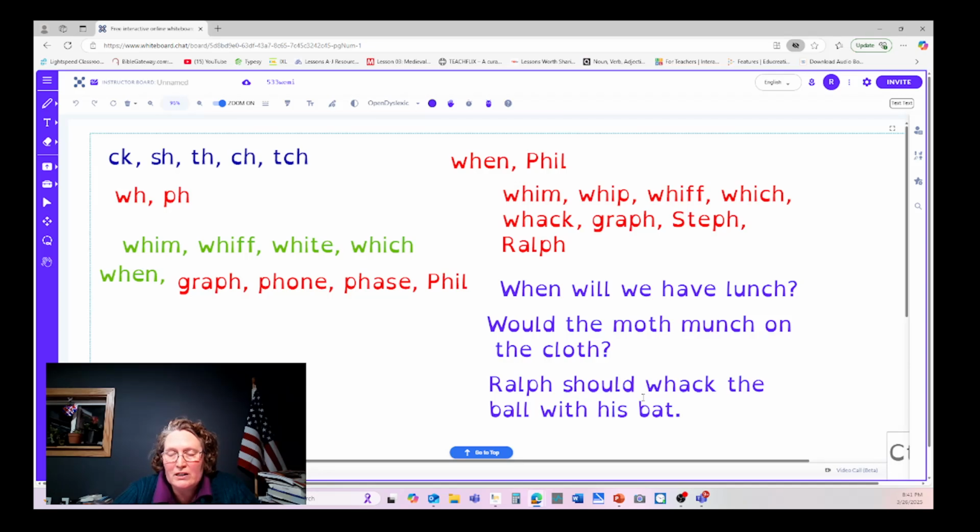Every sentence is going to end with an ending mark, like a period, an exclamation point, or a question mark. Okay? And then spell as many of the words correctly as you can, paying special attention to using our digraphs, especially the WH and PH today, but don't forget to continue to use your CK, SH, TH, CH, and trigraph TCH. Okay, so do you have your paper ready? If not, pause, go get your paper and pencil. And when you're ready, turn this back on and listen to the 3 sentences.